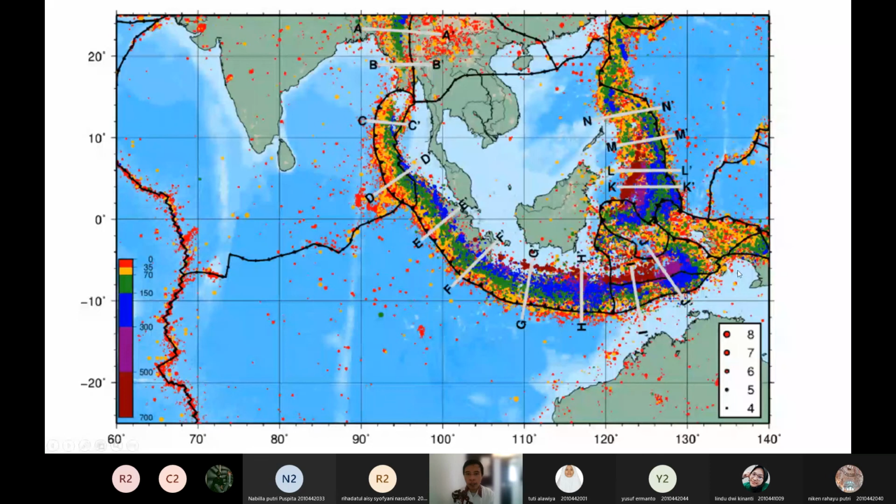There is a ring of fire here composed of active tectonic plates that dynamically move, and there are blasts, and the movement itself could also cause the dynamics of the region itself.